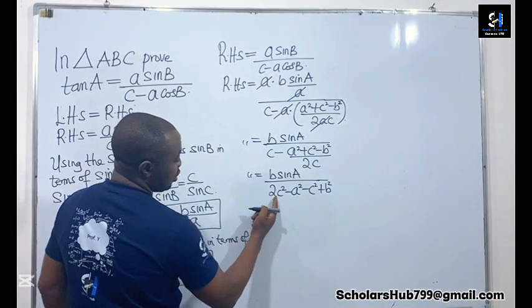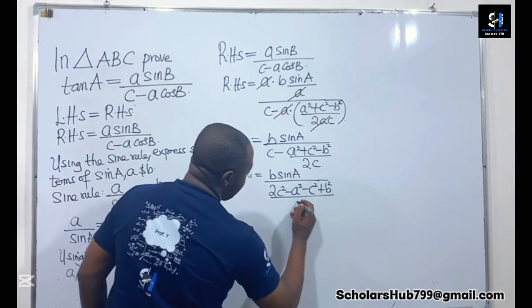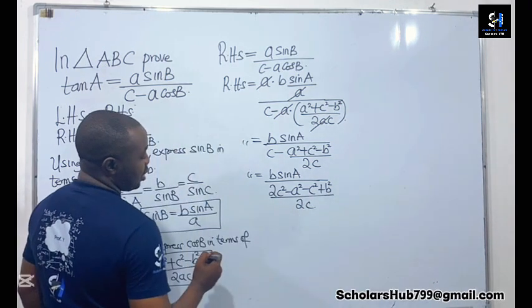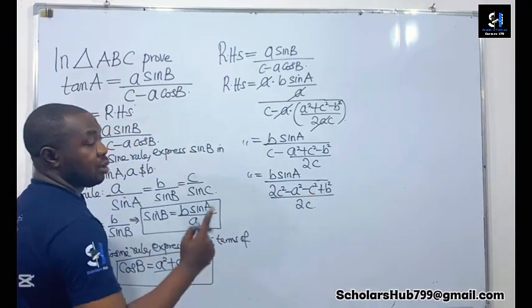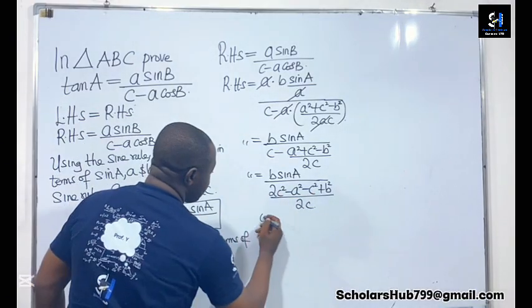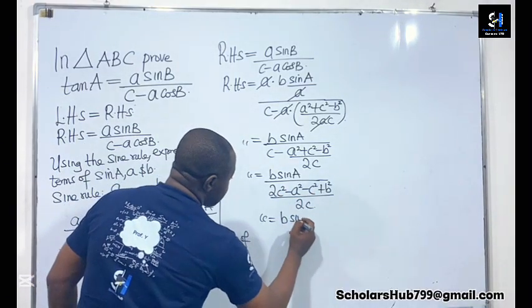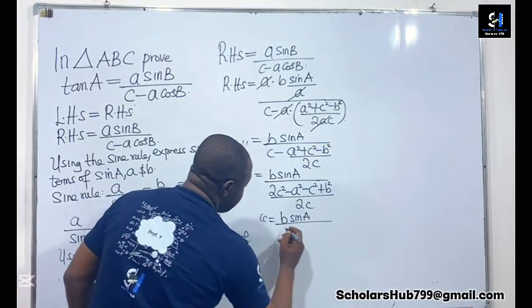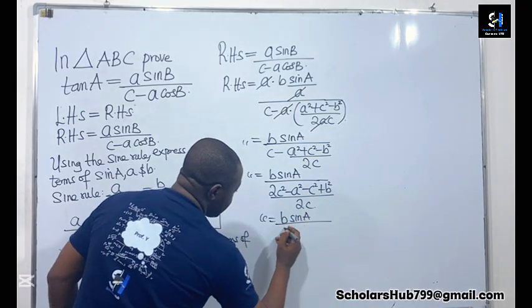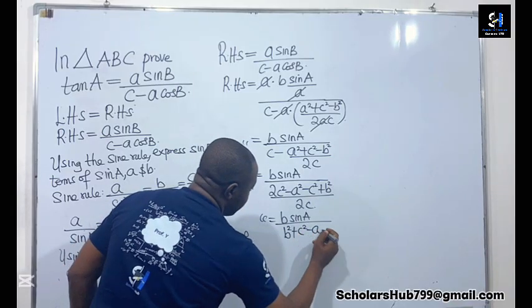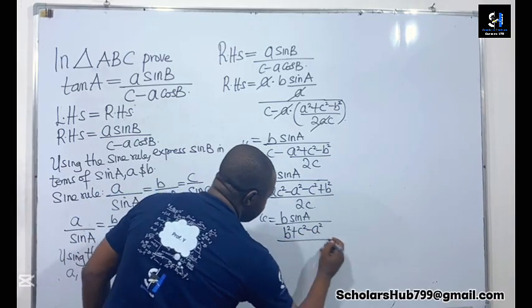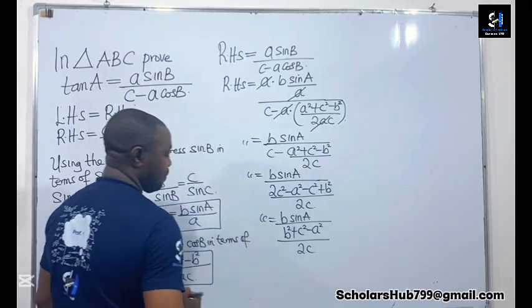So we have 2c squared all over 2c. 2c squared minus c squared will be 1c squared. So this will be b sin A divided by b squared plus c squared minus a squared, divided by 2c.